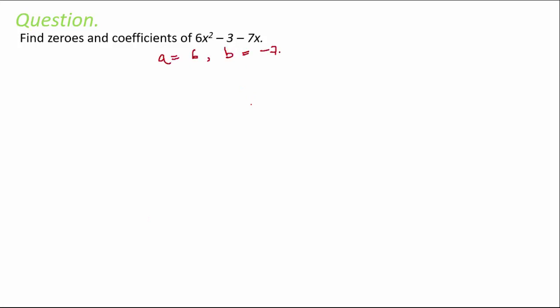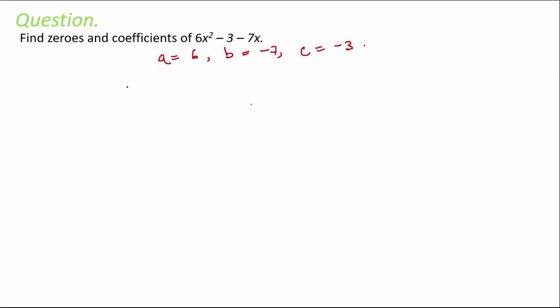Now let us quickly look at a few questions. So question number 1, find zeros and coefficients of 6x square minus 3 minus 7x. So looking at this equation, we see that a is 6, b is minus 7 and c is minus 3.